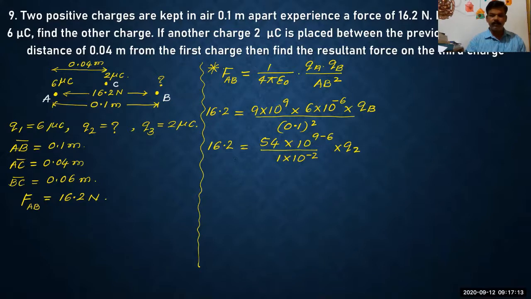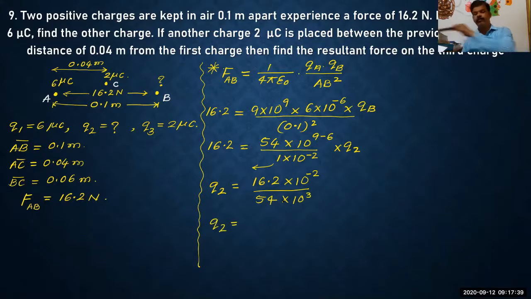Then you simplify the terms by taking all the numerical values to the left hand side. Then Q2 is equal to 16.2 into 10 raised to minus 2 divided by 54 into 10 raised to 3. Okay. Now what is 16.2 divided by 54?